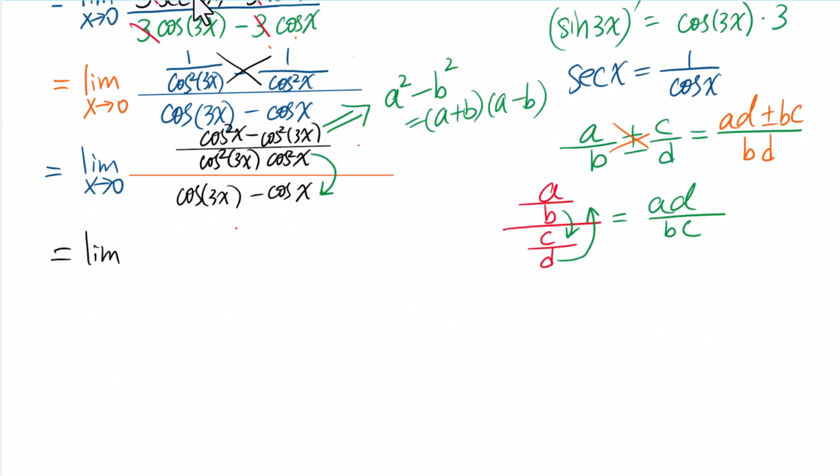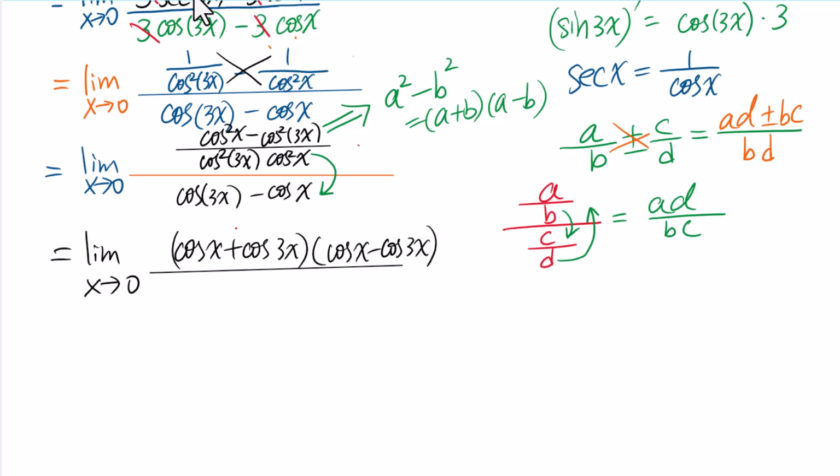Therefore, limit as x approaches 0 of cosine x plus cosine 3x times cosine x minus cosine 3x all over cosine 3x minus cosine x times cosine squared 3x times cosine squared x.